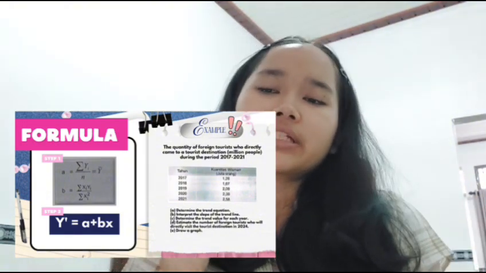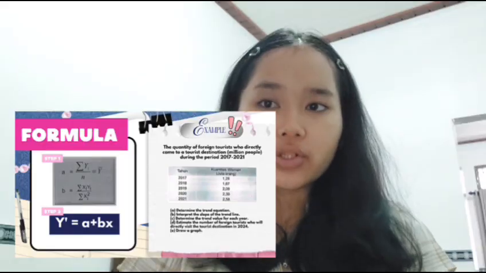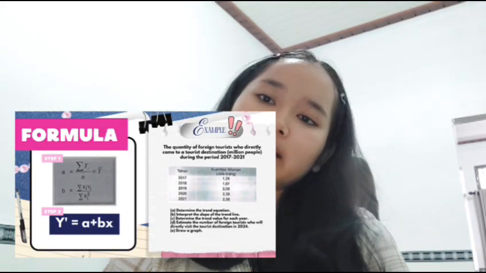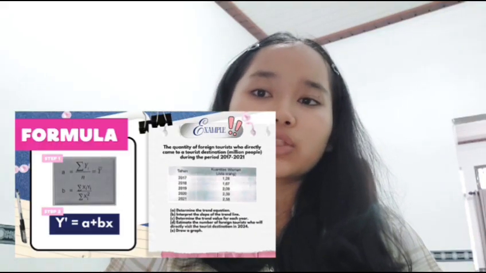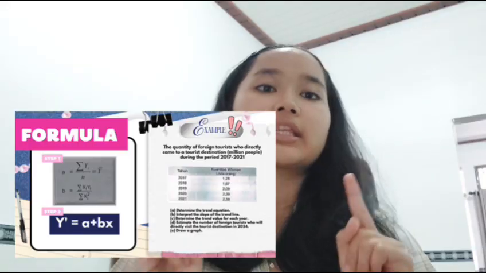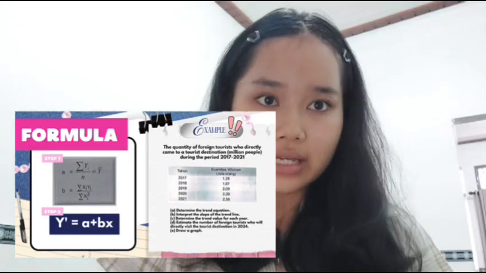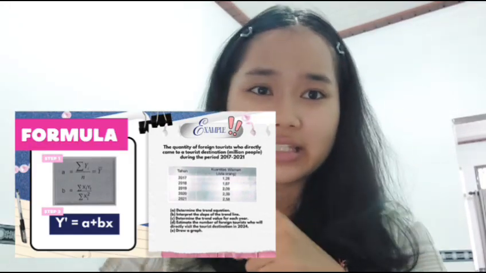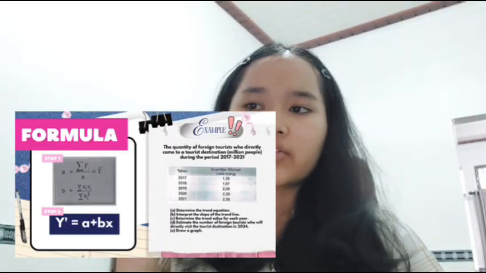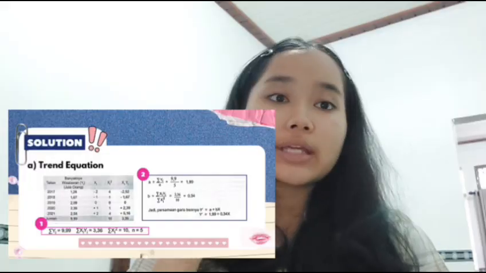Then we move to the example. The quantity of foreign tourists who come directly to a tourist destination during the period 2017 until 2021. There is the data, and we need to answer 5 questions in this example case. You can read them on this screen. First is the trend equation. We need to find a and b.